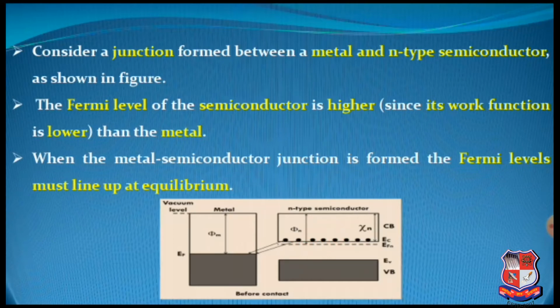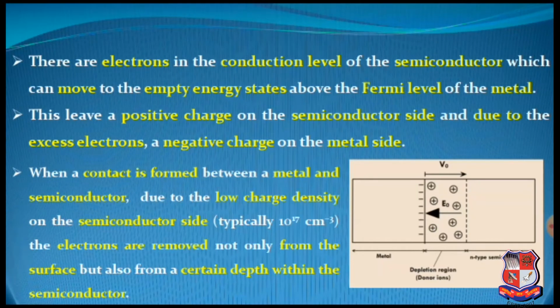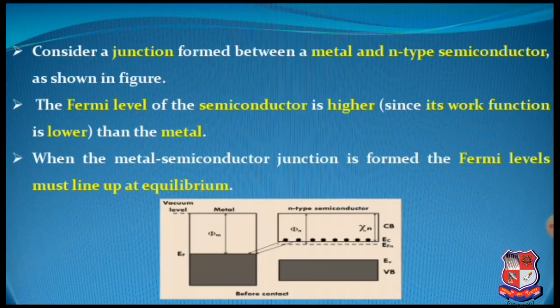When we bring this metal and n-type semiconductor into contact, see what happens. There are electrons in the conduction level of the semiconductor which can move to the empty energy states above the Fermi level of the metal. Here, as you can see, the black points marked as electrons can easily travel to the conduction band of the metal above the Fermi energy.